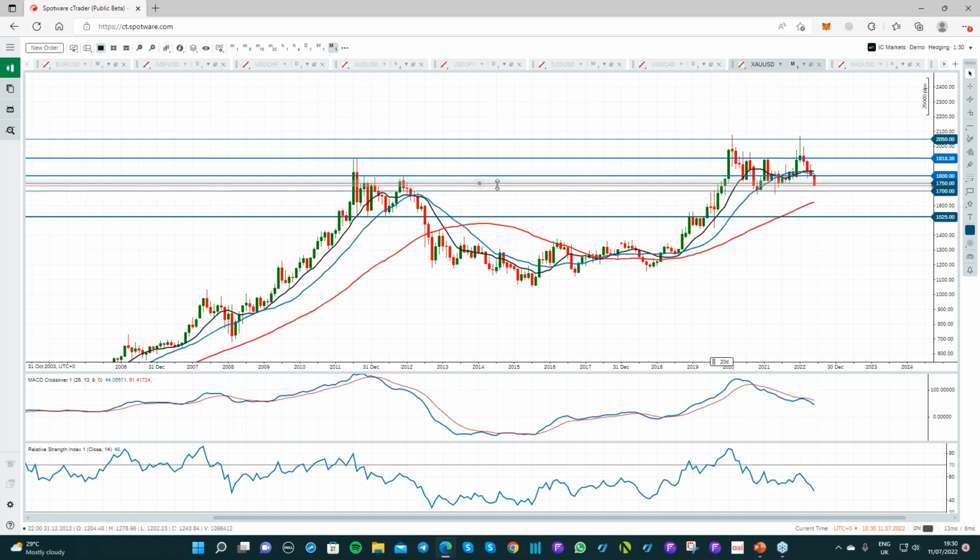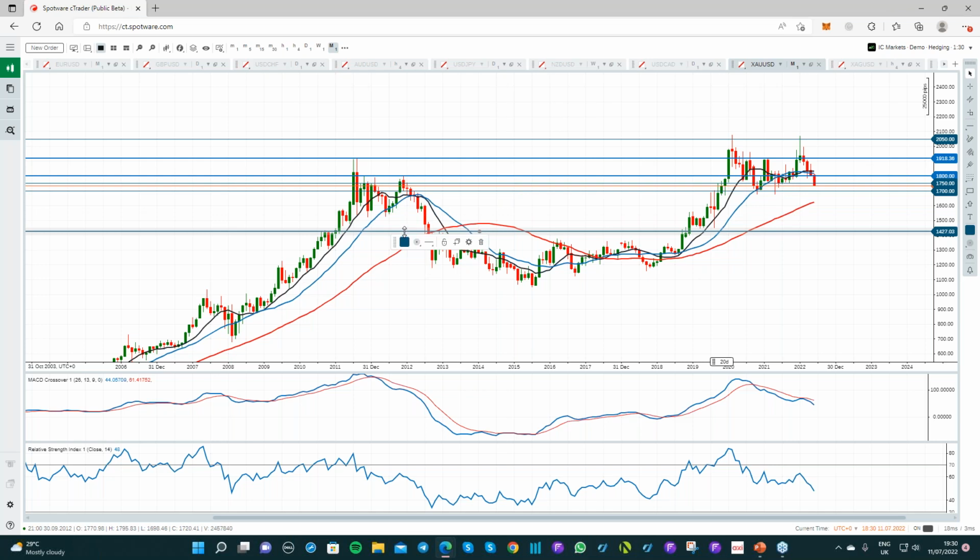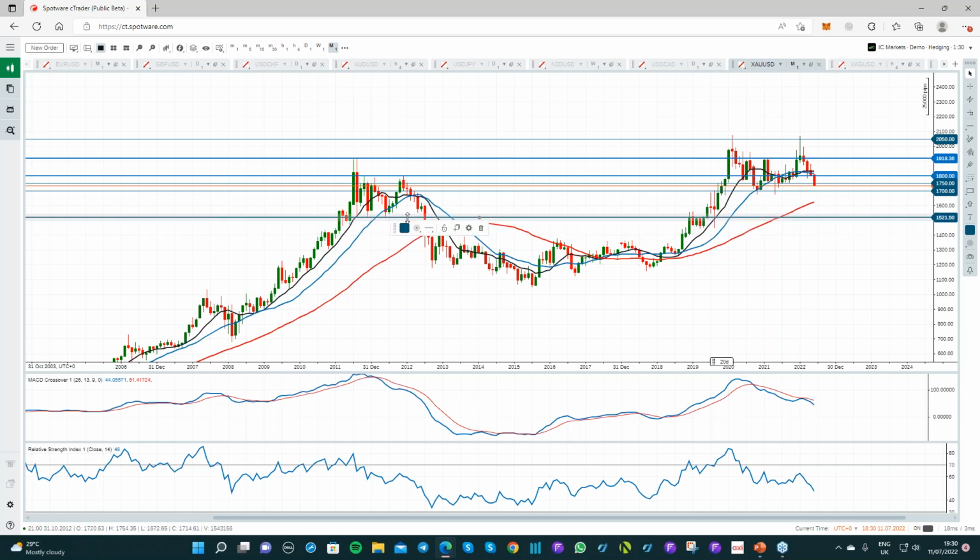It's been 10 years since price has been here. So that's how far I've had to go back to get these levels in place, because all of the price action in between is kind of irrelevant to where price currently is.